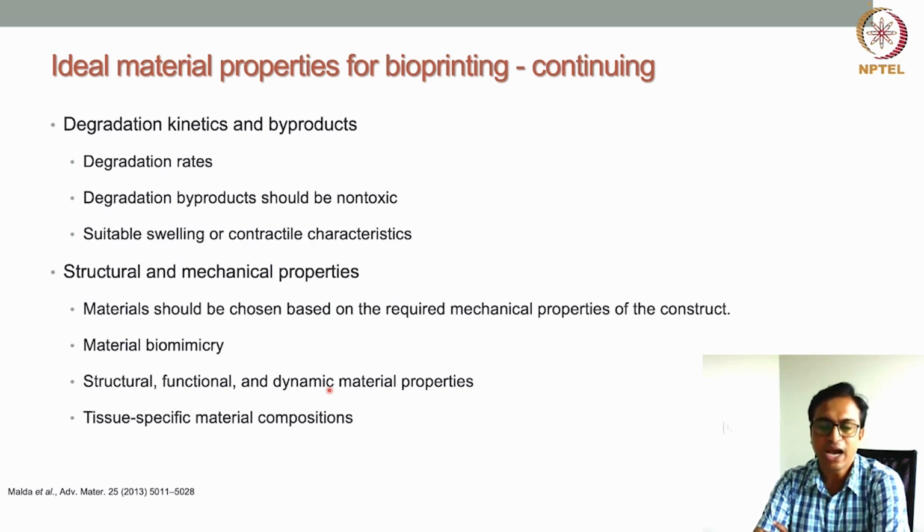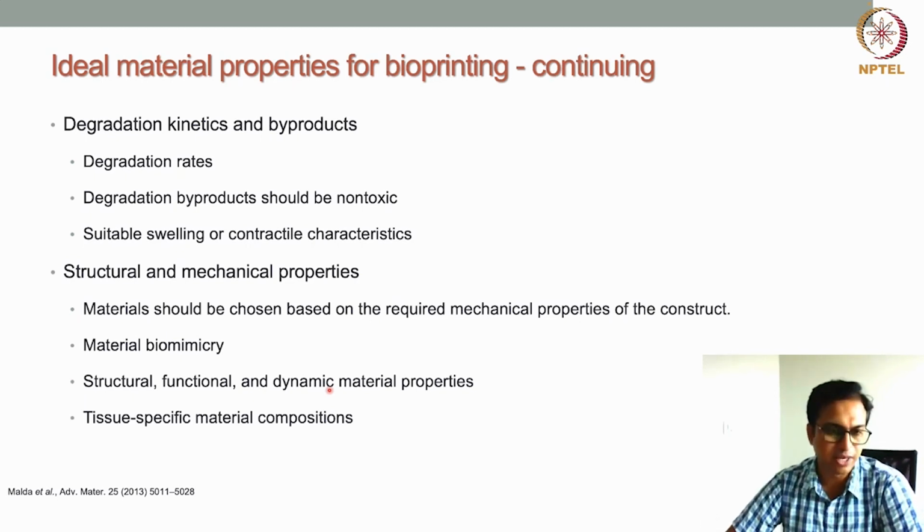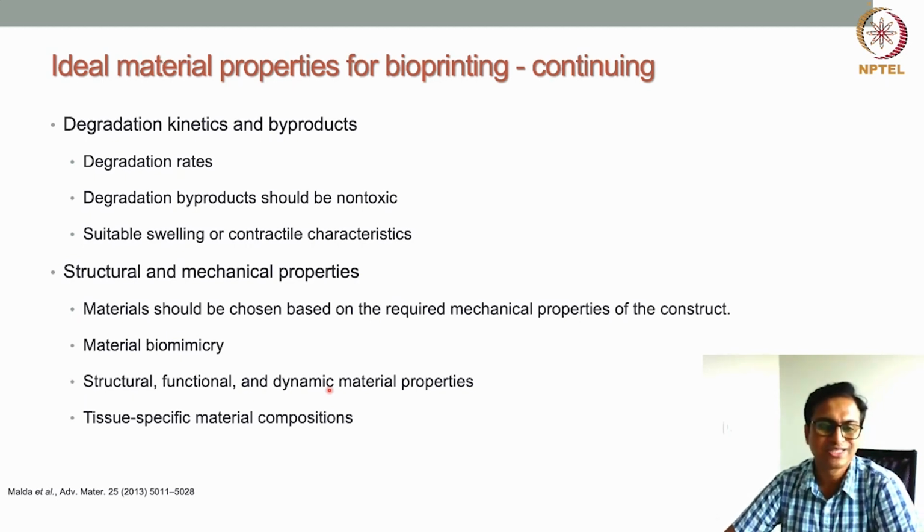That is very important. Other than this, in terms of chemical biomimicry, the materials should be able to chemically match the properties or the composition of the tissue. That means chemistry wise also, the material should match the tissue ECM or extracellular matrix, because the materials are mostly used as a provisional extracellular matrix.